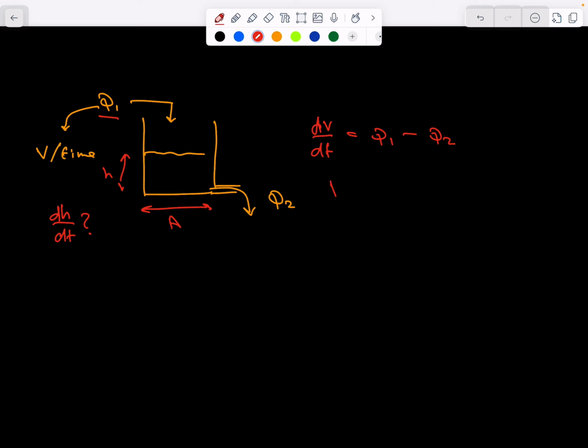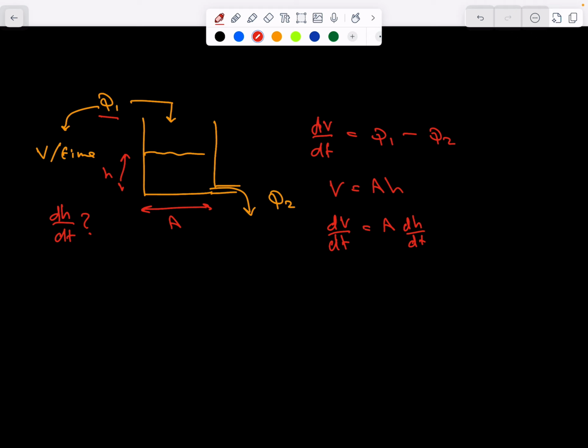I know that the volume is the cross-sectional area times the height, because I'm assuming the tank is a cylinder. If I differentiate that, I get dV/dt equals A times dH/dt. Now, A is the cross-sectional area, that's fixed, so that's a constant. That's why this differentiation works like that.